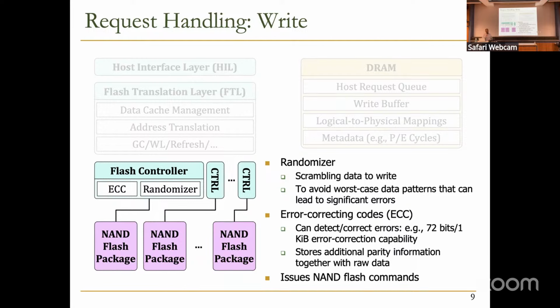In DRAM, think about when you have interference, like column hammer and all these things that we discussed. When you have more ones, for example, you have more charging and discharging, and this can potentially cause more interference. Similar things can happen in flash memory, but we're going to see a little more about it next week when we go through data patterns in flash chips that can cause issues.